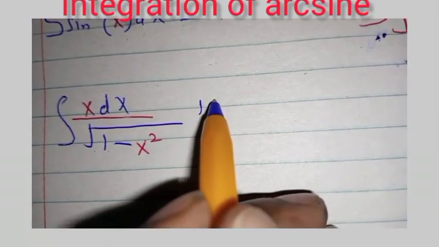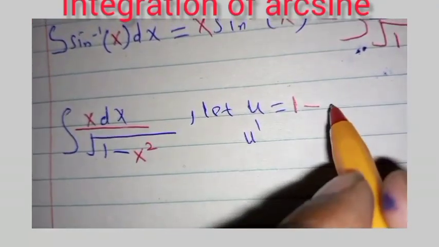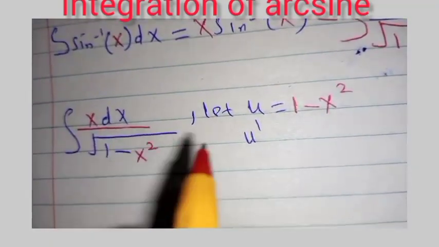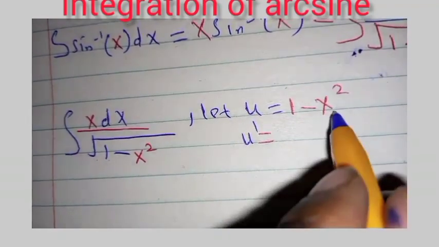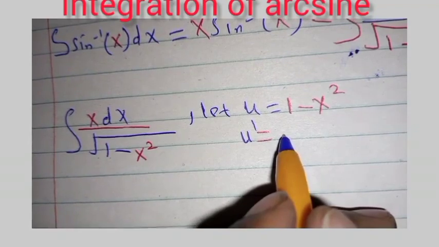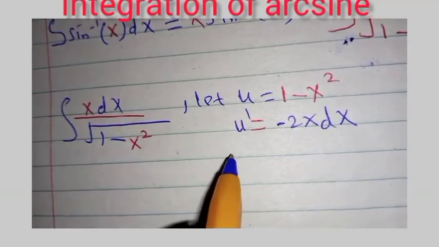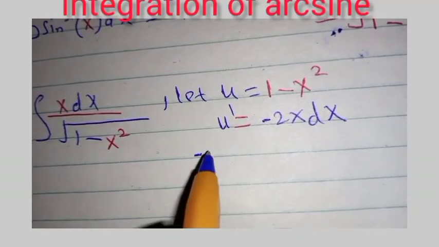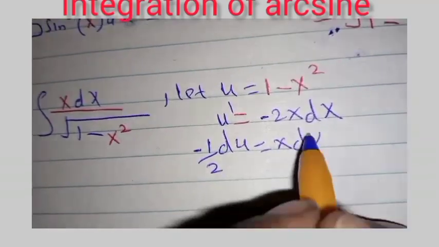We let our u be equal to 1 minus x squared. Our du, when you differentiate this, will be negative 2x dx. You can divide both sides by negative 2 to get negative 1 over 2 du, which is equal to x dx.